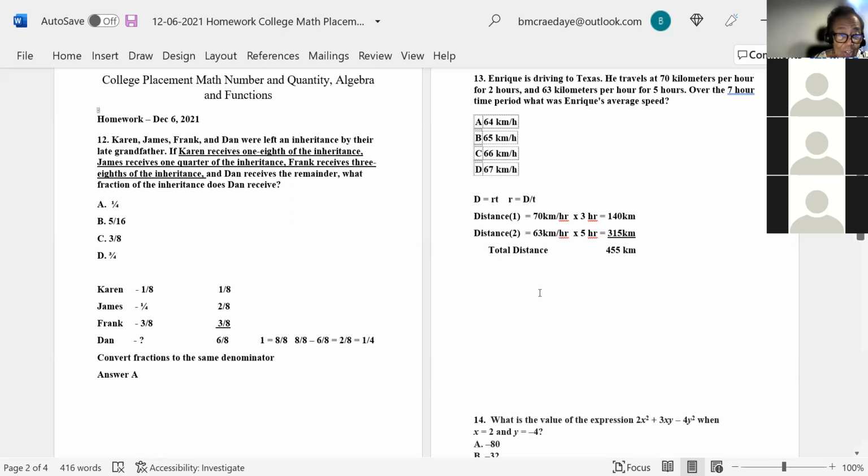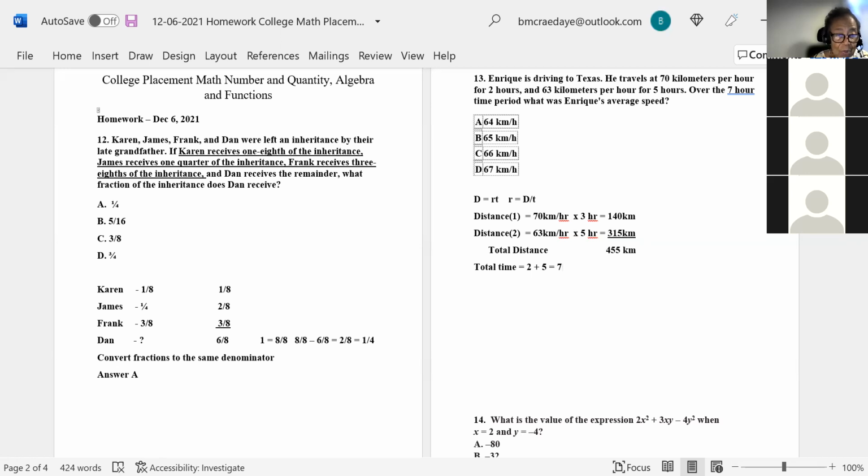That's right. Divide total distance by total time, and the total time is what? Divided by 7. So you do 455 divided by 7. It says over the 7 hours. We know that, but that came from adding 2 plus 5, right?